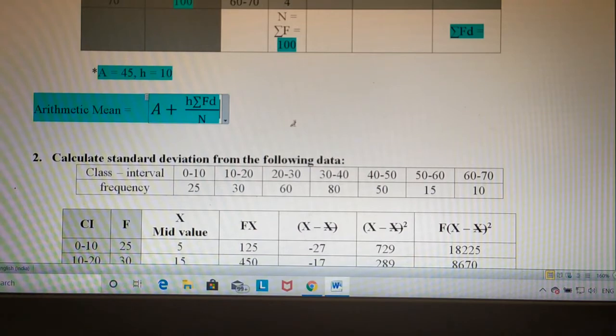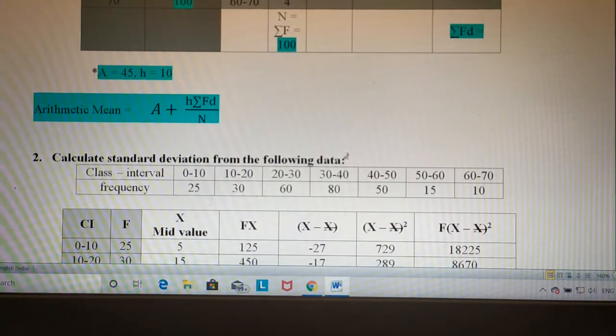Simplify this part first, and once after simplifying, add this value to a. Keep a always separate. Simplify h into summation fd divided by N, and the simplified value should be added to a. You will get the arithmetic mean.